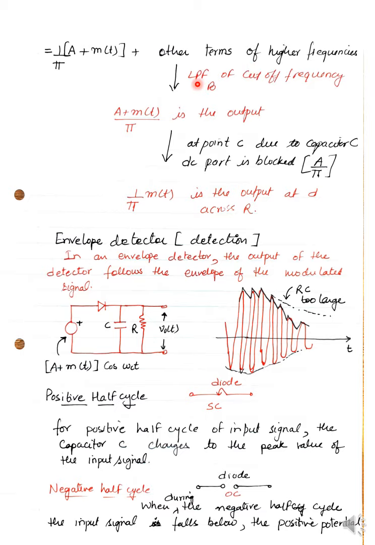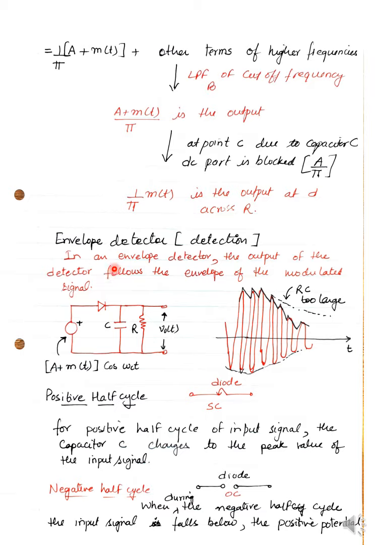So when you use a low pass filter of cutoff frequency B, then this signal will remain. At point C, due to the capacitor, the DC part is blocked. So A divided by pi will be blocked by the capacitor and you will get this output.